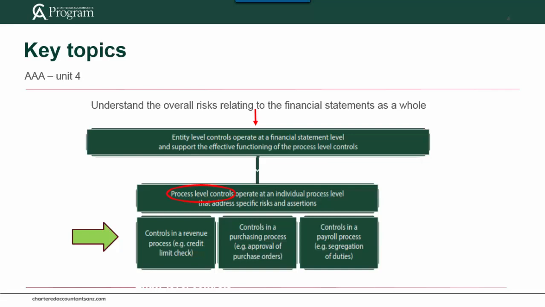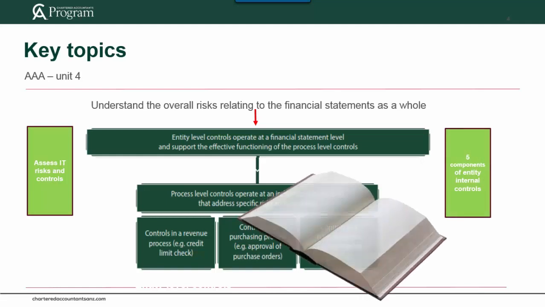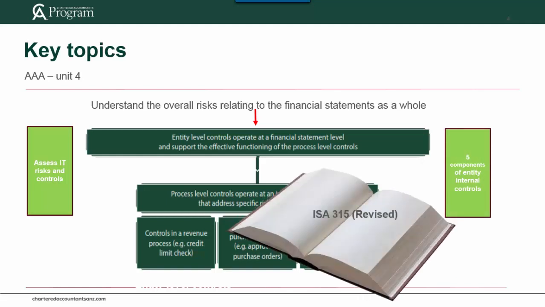As we obtain an understanding of the entity-level and process-level controls, we cannot do this in isolation of obtaining an understanding of IT and assessing IT risks and controls, and ensuring the 5 components of internal control are addressed as required by ISA 315 revised.